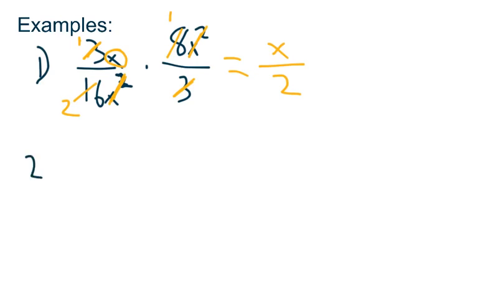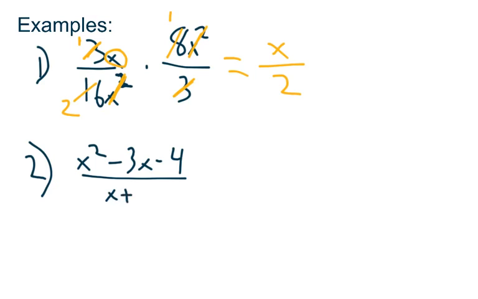Now we can see the same thing with more complex rational expressions where we have polynomials. Something like x squared minus 3x minus 4 over x plus 5, times the quantity x plus 5 over x squared minus 4x.